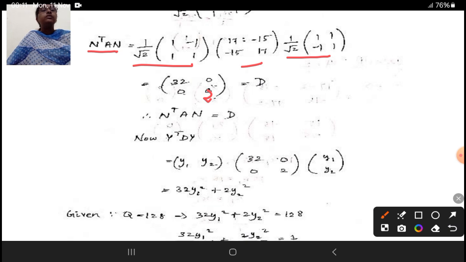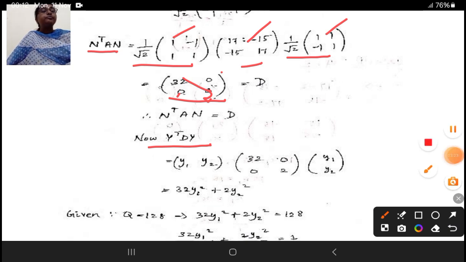If you multiply the first matrix, second matrix, and third matrix together, we get the diagonalized matrix. So 32 and 2 alone we get, and the remaining values are 0. Once we have this, we can write the canonical form from the diagonalized matrix.